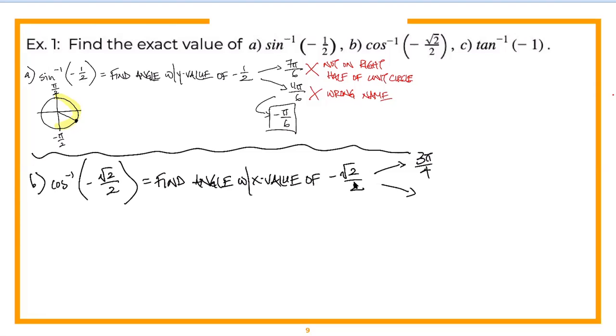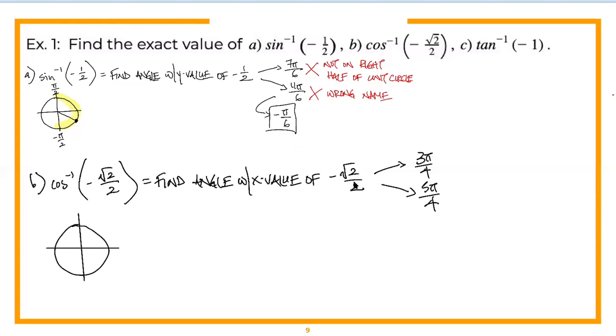No. 5 pi over 4? 5 pi over 4, yeah. Okay. Now, what is the range for arc cosine? Zero to pi. 0 to pi.